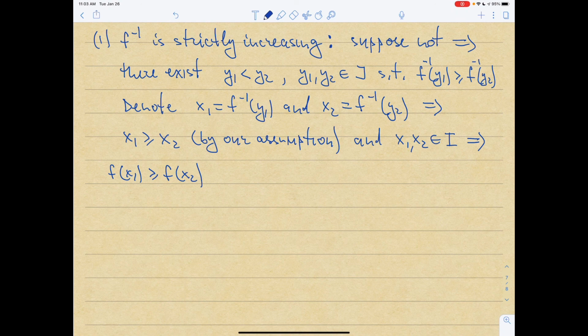Well, actually, let's look at two different cases here. Let me see. Yeah, that's fine. So f of x1 is greater or equal than f of x2, and this is because f is strictly increasing. We can actually probably split this into two statements. Let's do that.